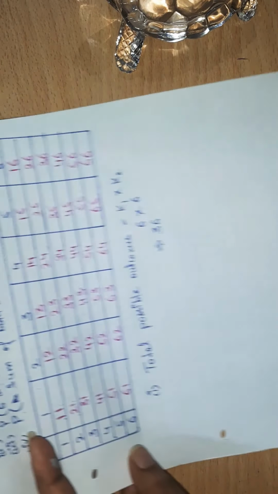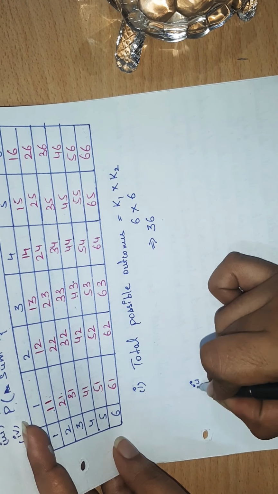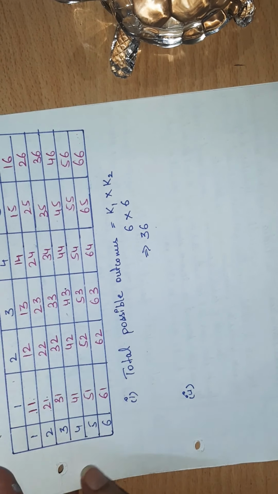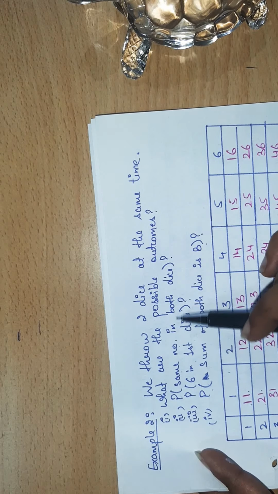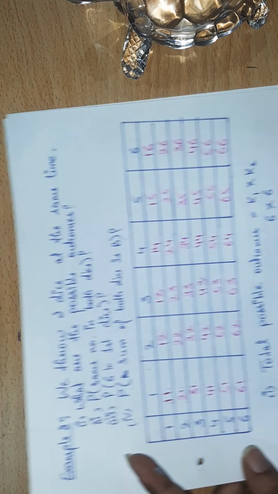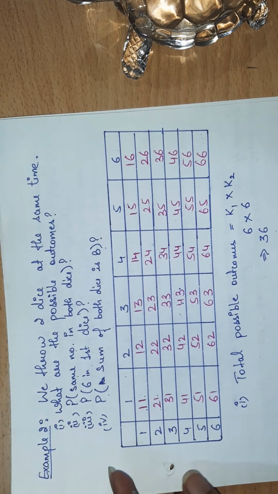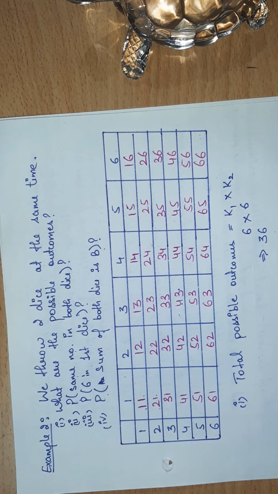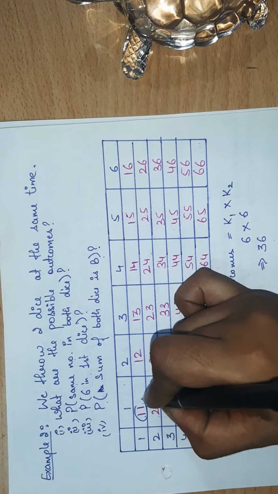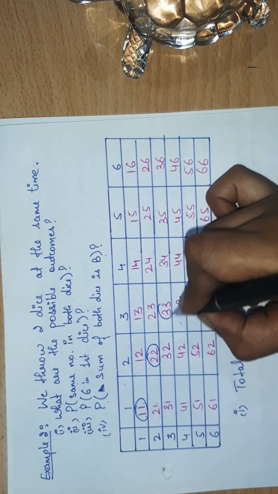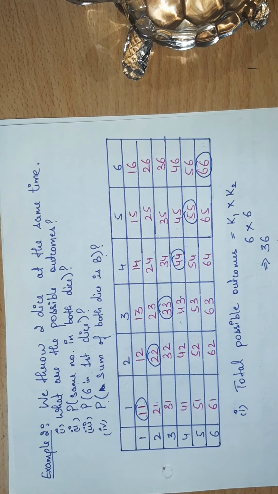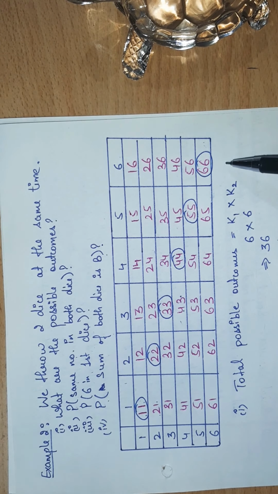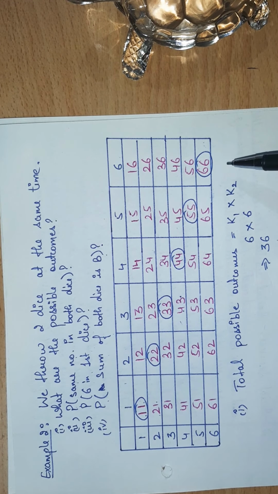Let's move to another question, part 2 of this example, which is to find out the probability of same number in both dice. Through the table we can find the same numbers in both the dice. As we can see, we have 1 1, 2 2, 3 3, 4 4, 5 5 and 6 6. So these are the only possibilities of getting same number in both the dice.